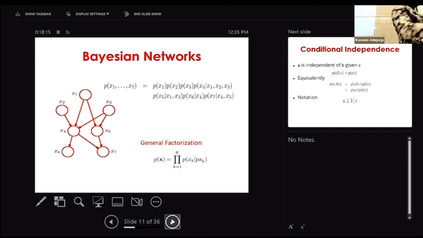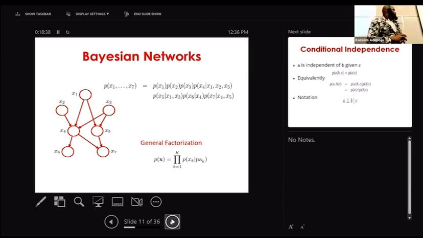Now, let's take a look at x4. Oh, x4 has 3 parents. Did you see that? That's going to be probability of x4 given x1, x2, and x3. What about x5? Oh, x5 has 2 parents. Do you see the direction of the arrow?